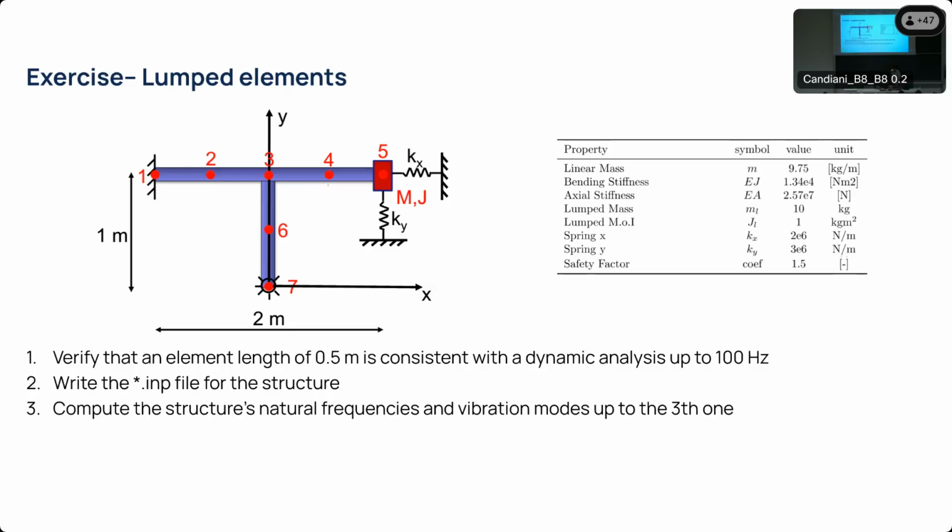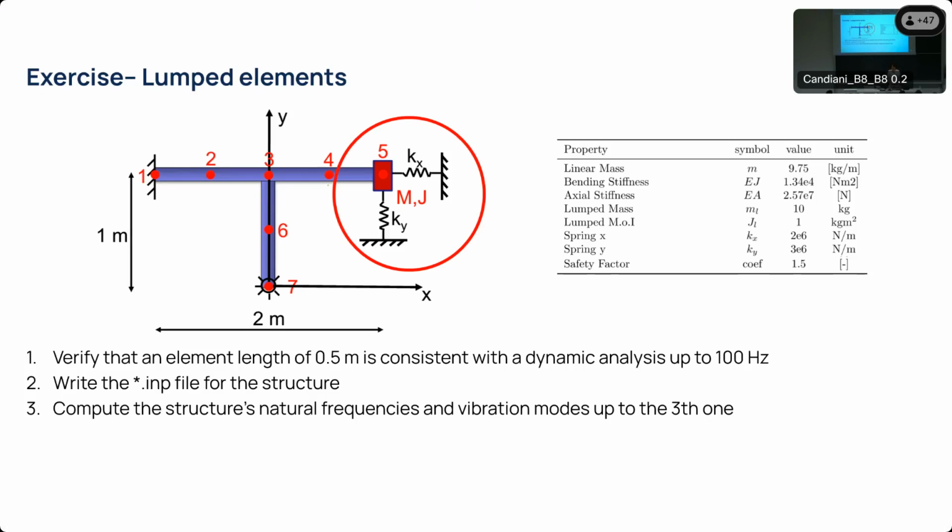But the most complicated part for us now is to model what happens in the right part of the structure. Because as you can see, there is a concentrated mass. So imagine there is a rigid body which has a certain mass and a certain moment of inertia, as well as 2 springs with stiffness Kx and Ky, which are connected to the ground.